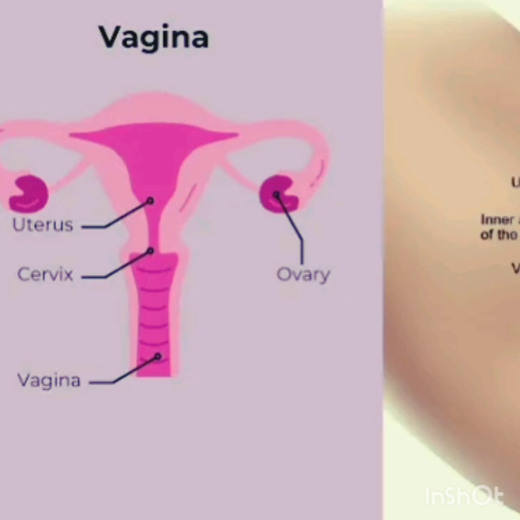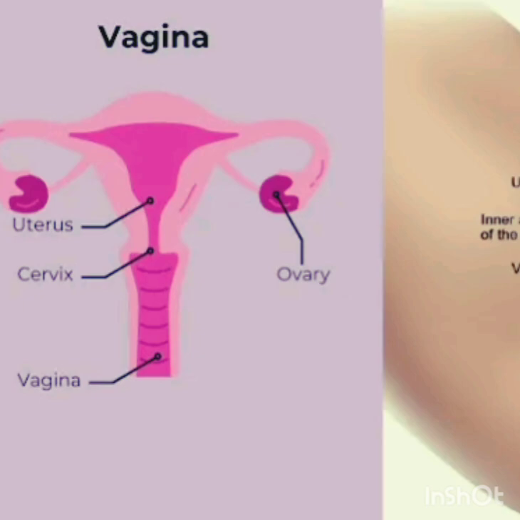So we summarize the parts: ovary, uterus, cervix, and vagina. The vagina is about 7 centimeters. Before reaching the cervix, you must put your hand in the vagina and count 7 centimeters. Then you reach the cervix and do a vaginal exam. You should not do vaginal exams routinely.